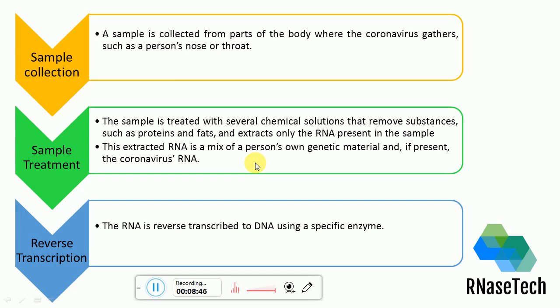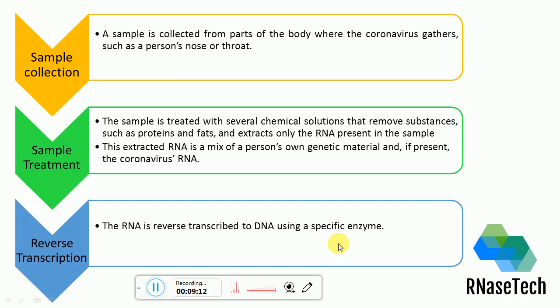Now RT is reverse transcription. So the next step is reverse transcription. What do we mean by reverse transcription? Reverse transcription is a process where RNA is reverse transcribed to DNA using a specific enzyme. Remember, during the PCR step in the previous slide, I told you that DNA polymerase is the enzyme used to synthesize or extend the DNA molecule. Now here we don't have a DNA molecule, we have an RNA molecule.